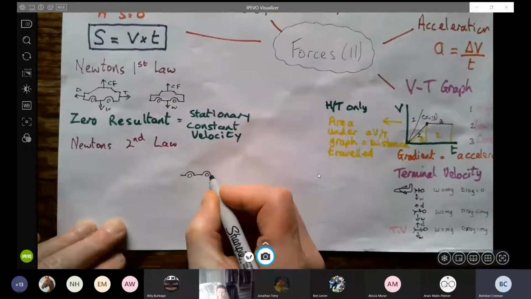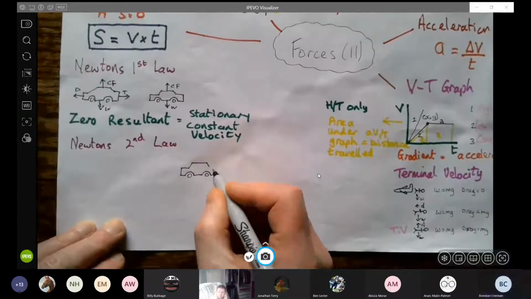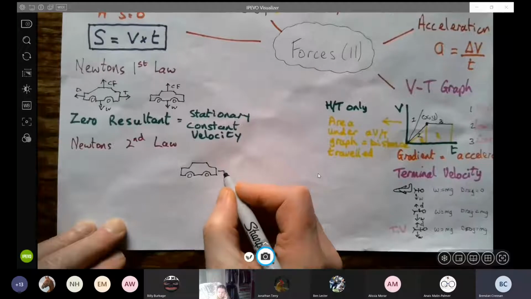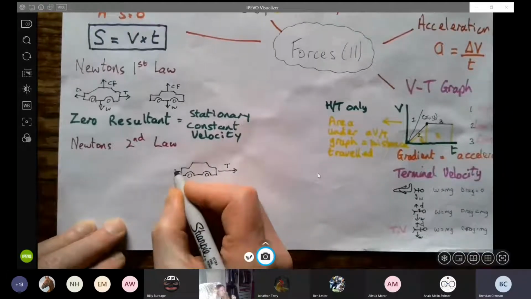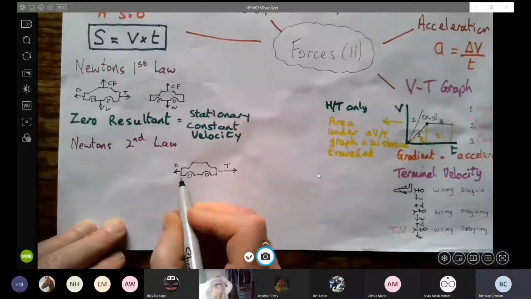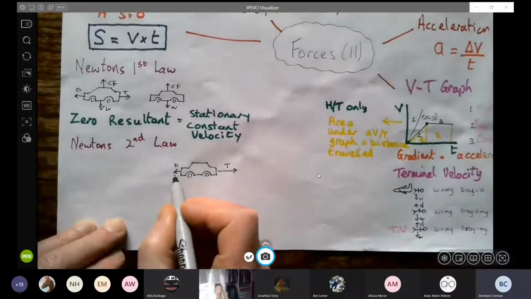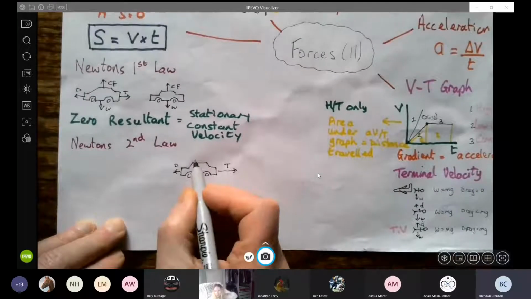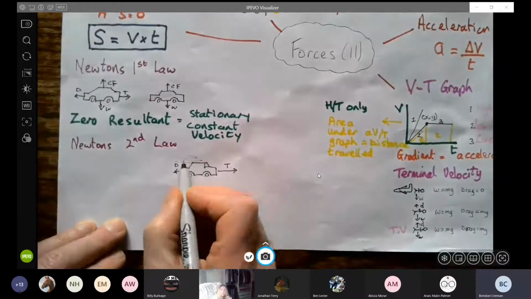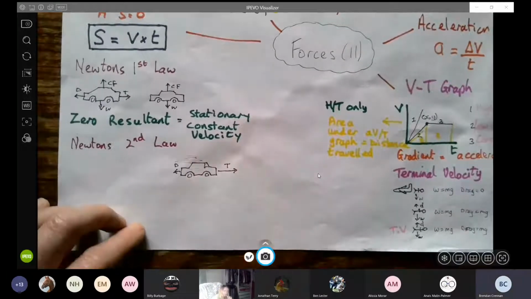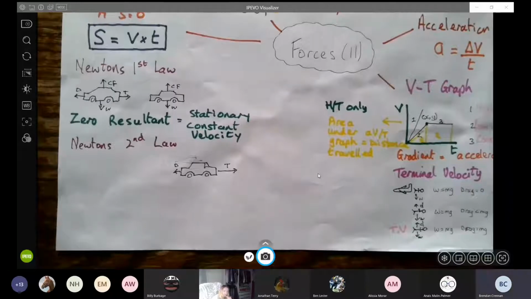If I draw my car, it doesn't have to be a car, it can be any object you want. Okay, my beautiful A-level art. There is the thrust force forward. The drag force is smaller. Notice the thrust force is large and the drag force is small, so we've got a net force going forward. There are my little faster stripes. This one is now flying through the air. It's accelerating.